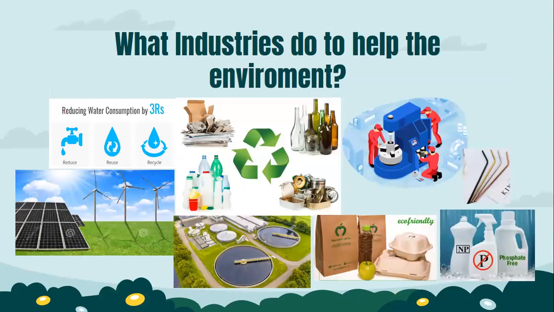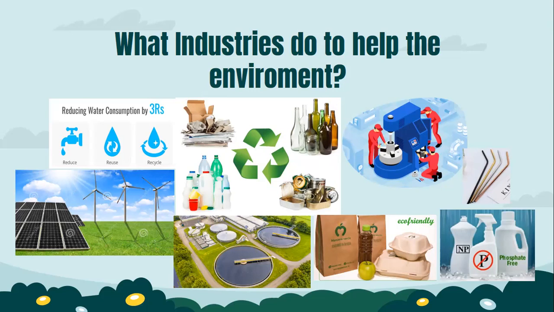What can industries do to help the environment? One way that industries help the environment is reducing water consumption. Recycle materials such as plastic, glass, and paper. Also, to have their machines maintained regularly so that they do not consume too much electrical energy.